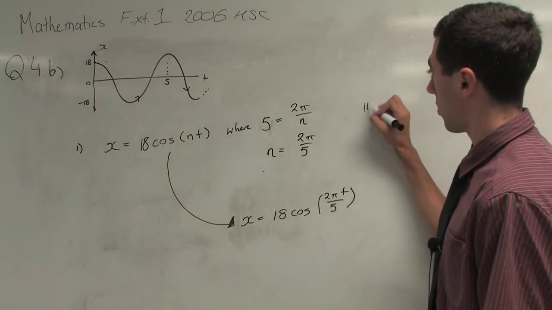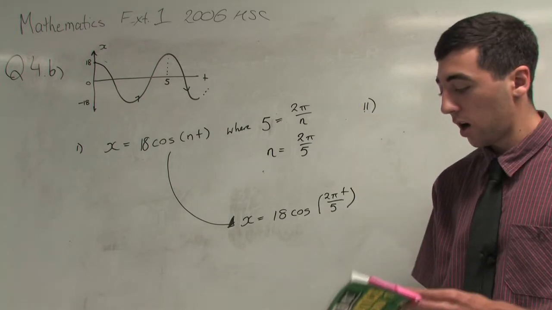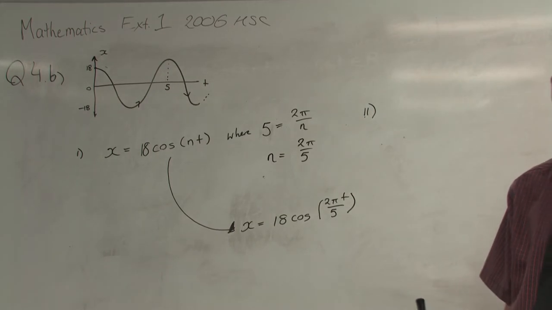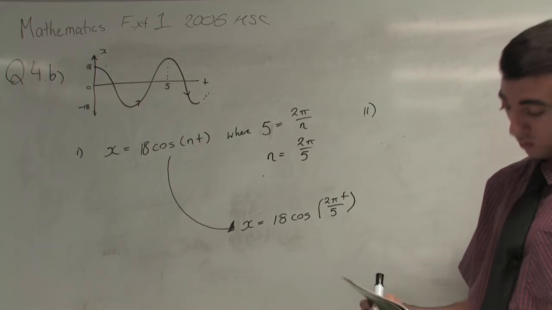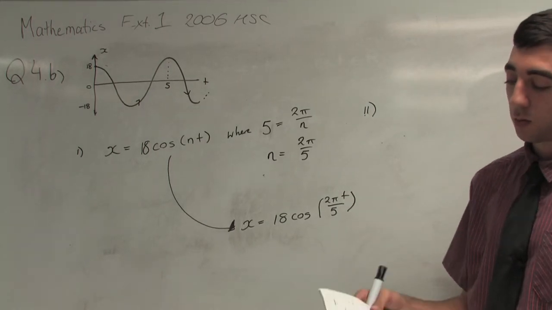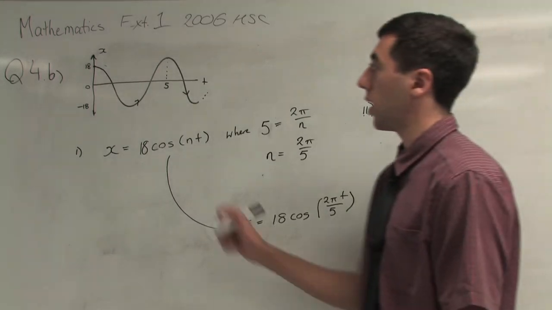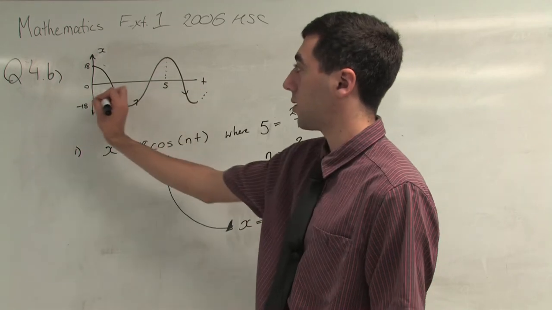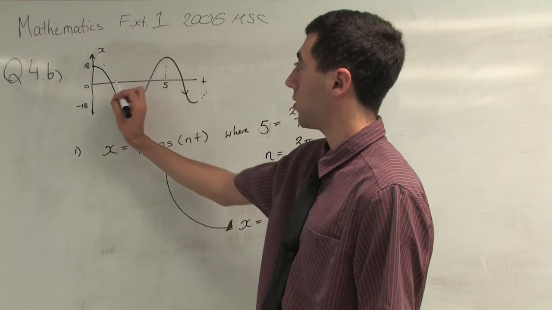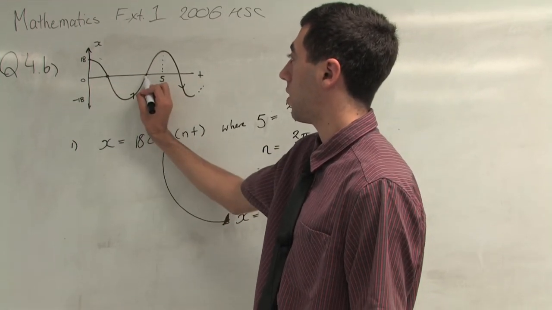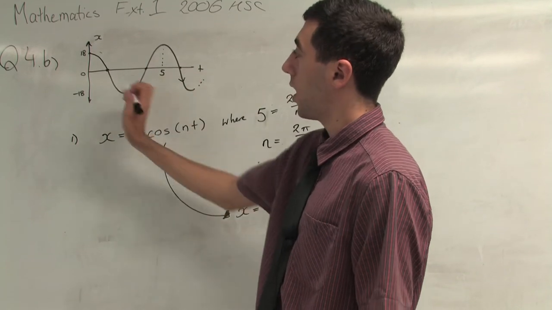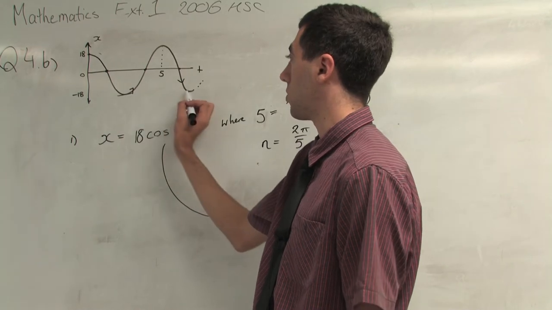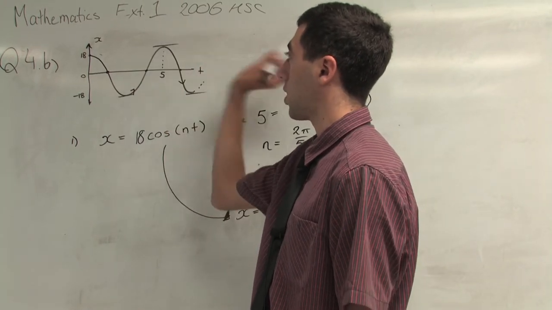Okay, so the second part of the question asks us, how long does the particle take to move from a rest position to the point halfway between that rest position and the equilibrium position? The equilibrium position is anywhere where the graph intersects the t-axis, so here, here, here, and so forth, and its rest position is up the top of its peaks, where the tangent has a gradient of 0.